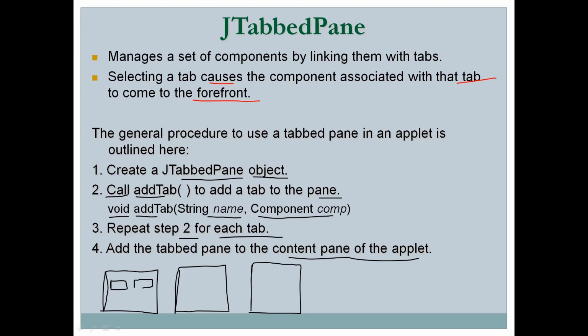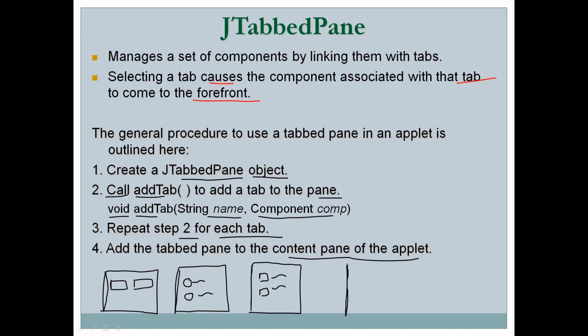Here you can see some buttons. In the second panel we may have some radio buttons. In the third panel we may have other components, say a checkbox. These are the panels, and we have our applet here.